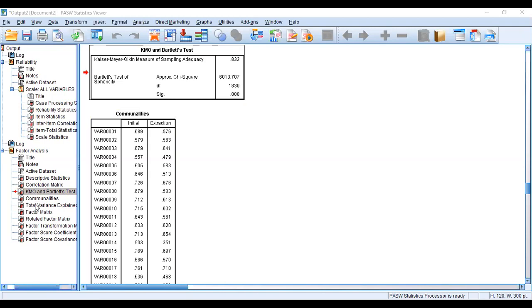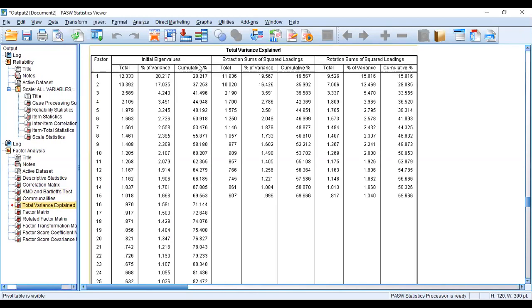Then we'll go to the total variance explained matrix, and what we see here is that 15 factors have emerged. You have to look at the rotation sums of squared loadings, wherein the Total column shows the total eigenvalue.